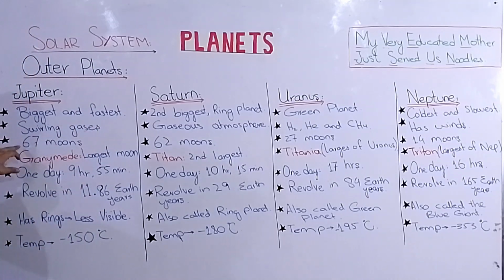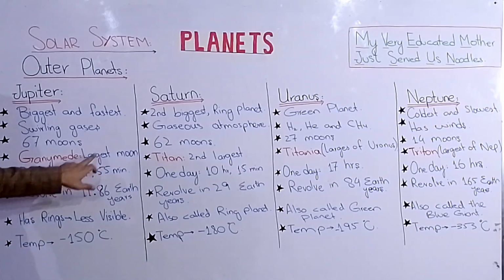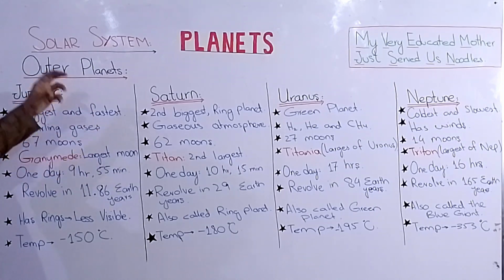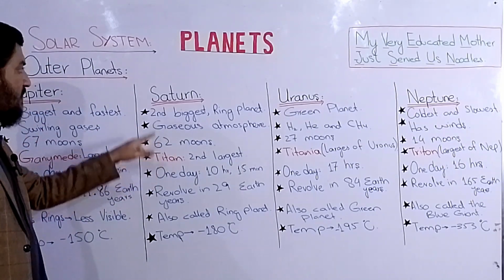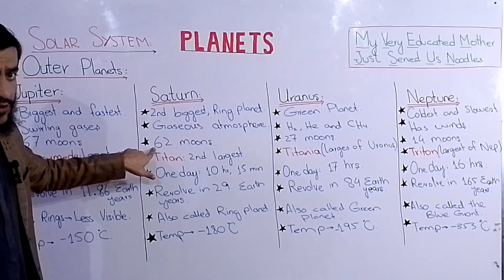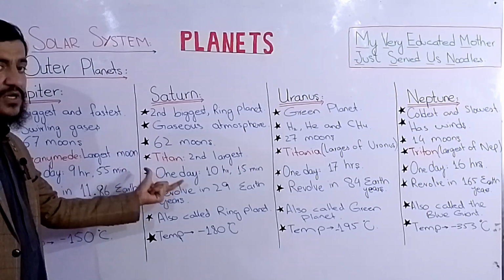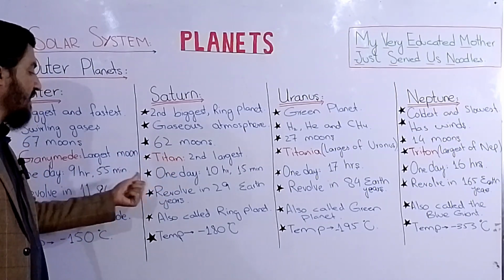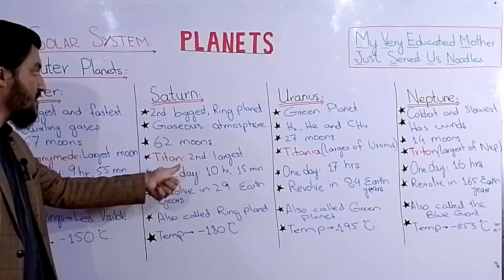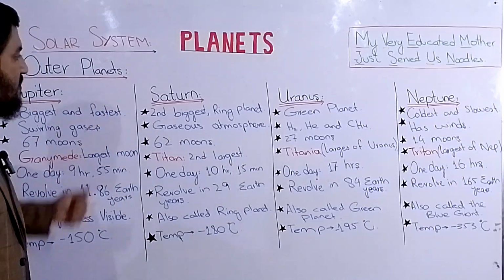Then come the moons. Jupiter has 67 moons, and its largest moon is Ganymede, which is also the largest moon of the solar system. Saturn has 62 moons, and its largest one is Titan, which is the second largest of the solar system.